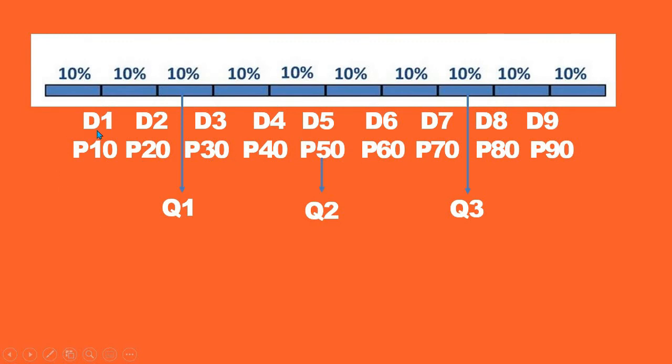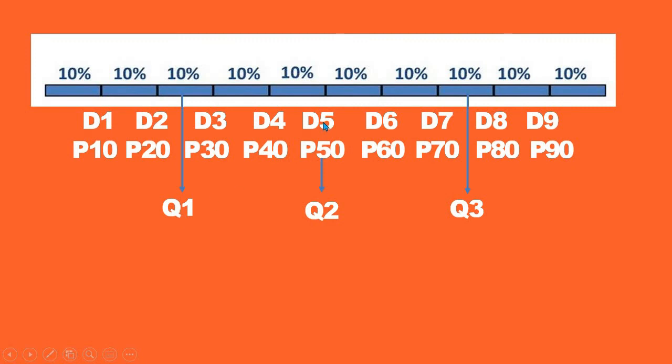Observe that D1 is the same as P10, or decile 1 is the same as percentile 10. Decile 2 is percentile 20. Decile 3 is the same as percentile 30. And between decile 2 and decile 3, or percentile 20 and percentile 30, we have the quartile 1.